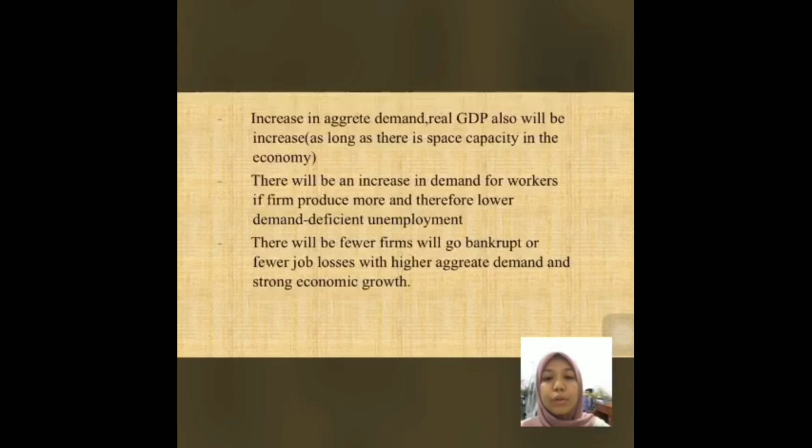Moreover, if firms produce more, there will be an increase in demand for workers and therefore lower demand-deficient unemployment. Also, with higher aggregate demand and strong economic growth, fewer firms will go bankrupt. It means that there will be fewer job losers.